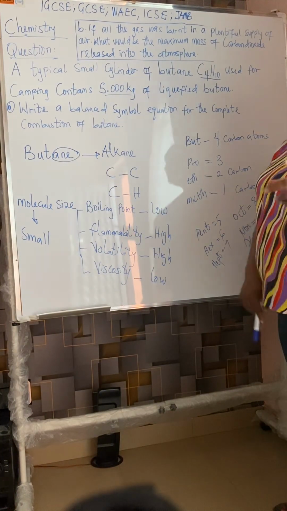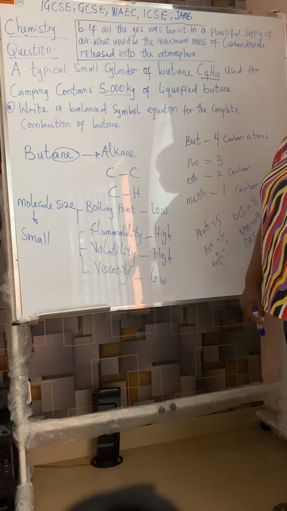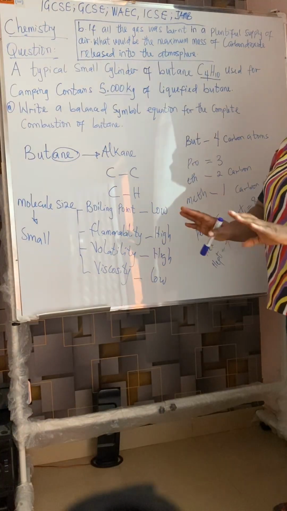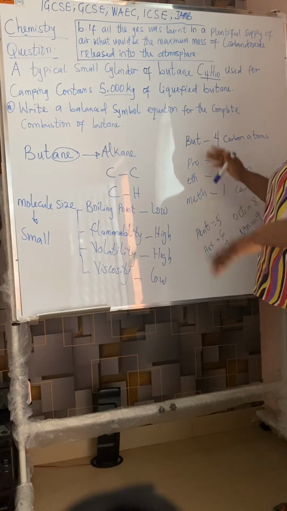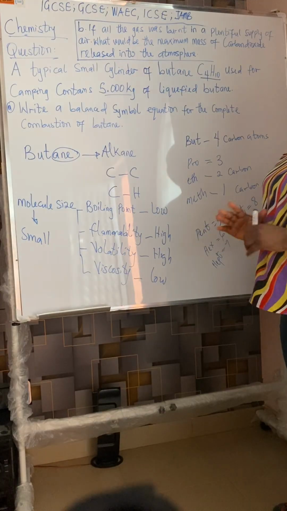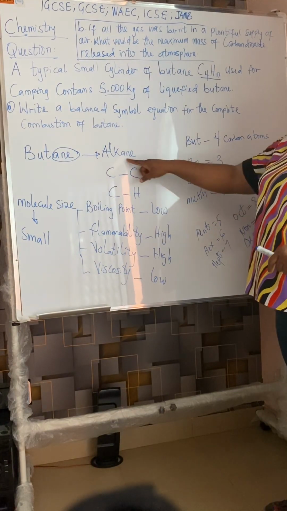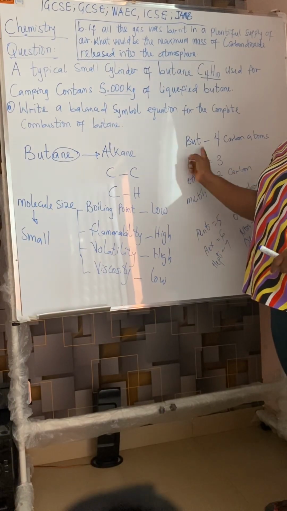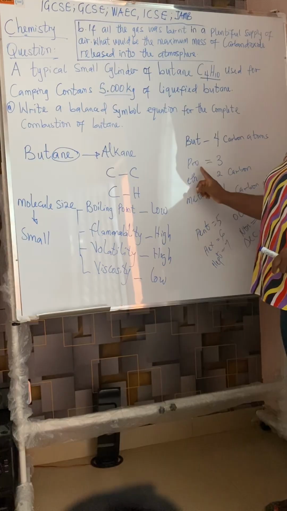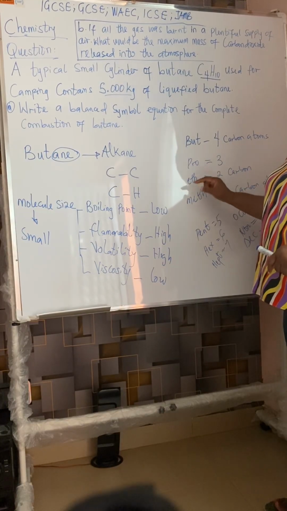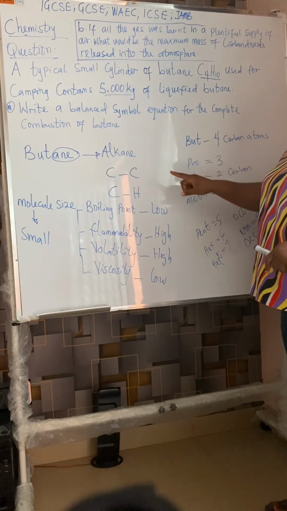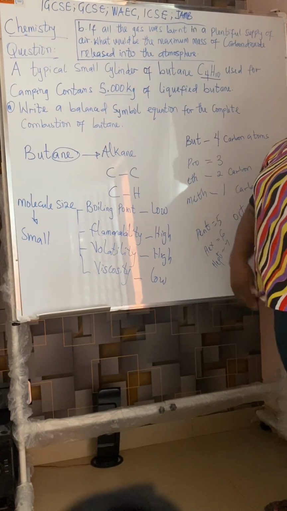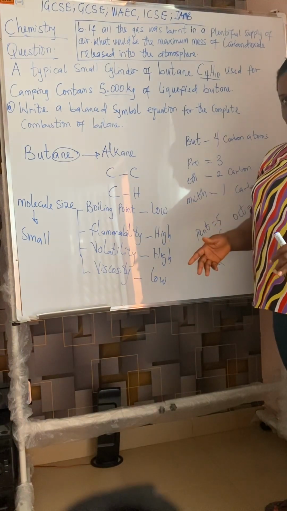So that when you hear pentane, hexane, heptane, octane, nonane, decane, just know that. Once you know these prefixes, you are fine. Then you add ane: but plus ane, butane. Pro plus ane, propane. Eth plus ane, ethane. Meth plus your ane, methane. And you go on and on and on.